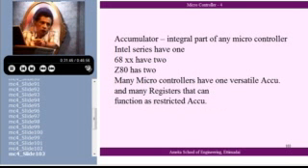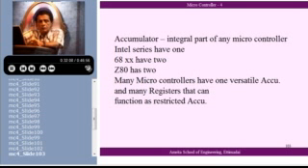In any microcontroller, first time I am talking about microcontroller, an accumulator and an ALU are integral parts. The typical Intel series microprocessors, microcontrollers, every one of them has one accumulator. Motorola, their 6800 series, they have two accumulators.